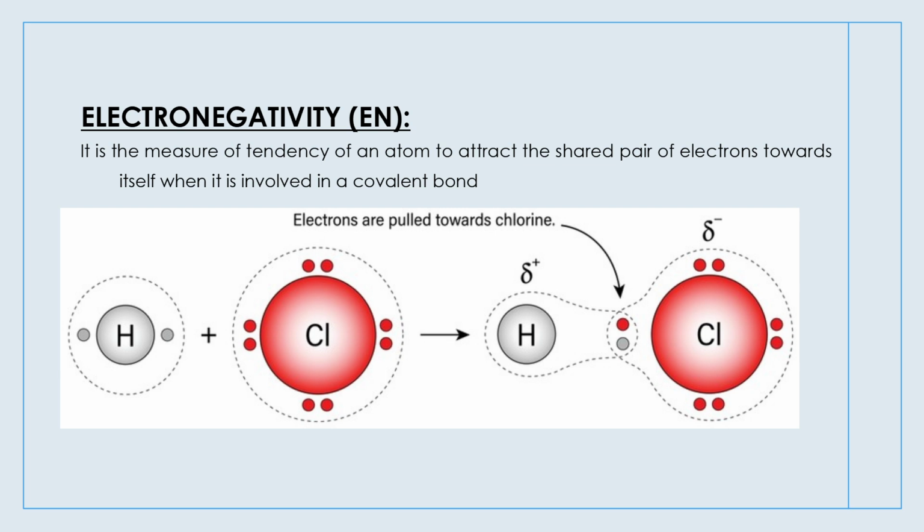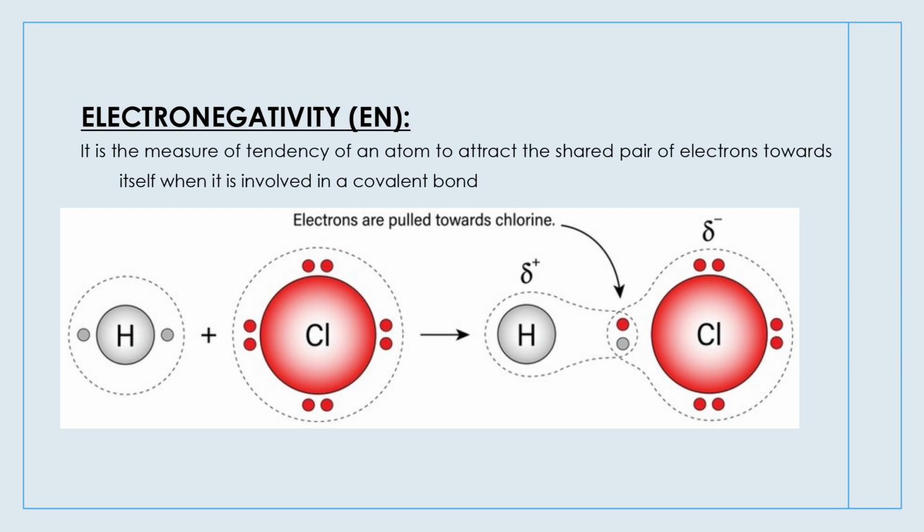The electrons are pulled towards the chlorine because the electronegativity value of chlorine is higher than hydrogen, which means the tendency to attract the shared pair of electrons towards itself is higher in chlorine. So chlorine is attracting the electrons of the hydrogen.